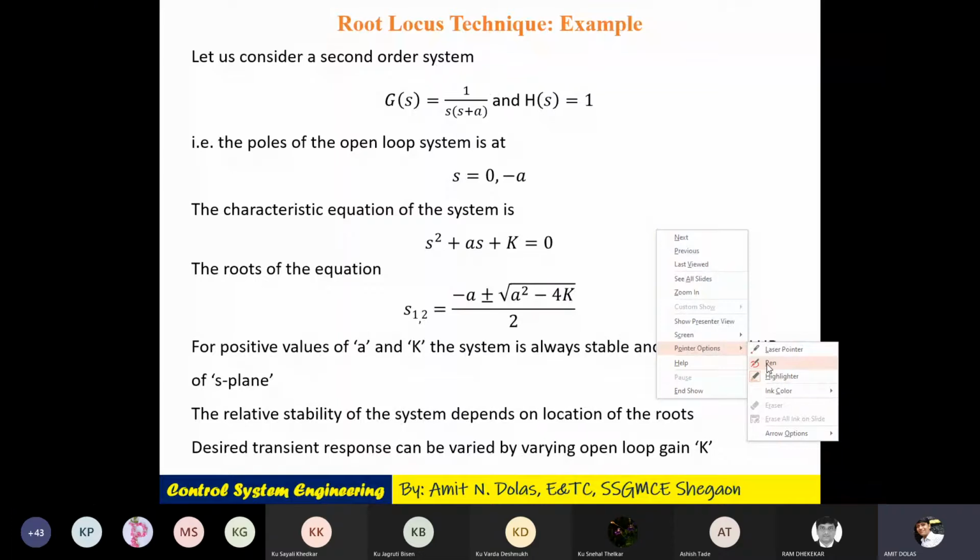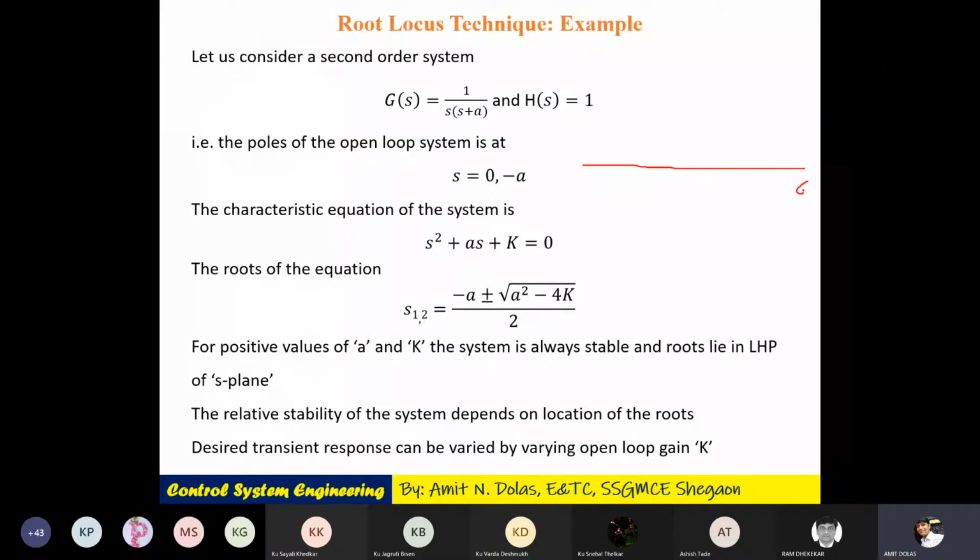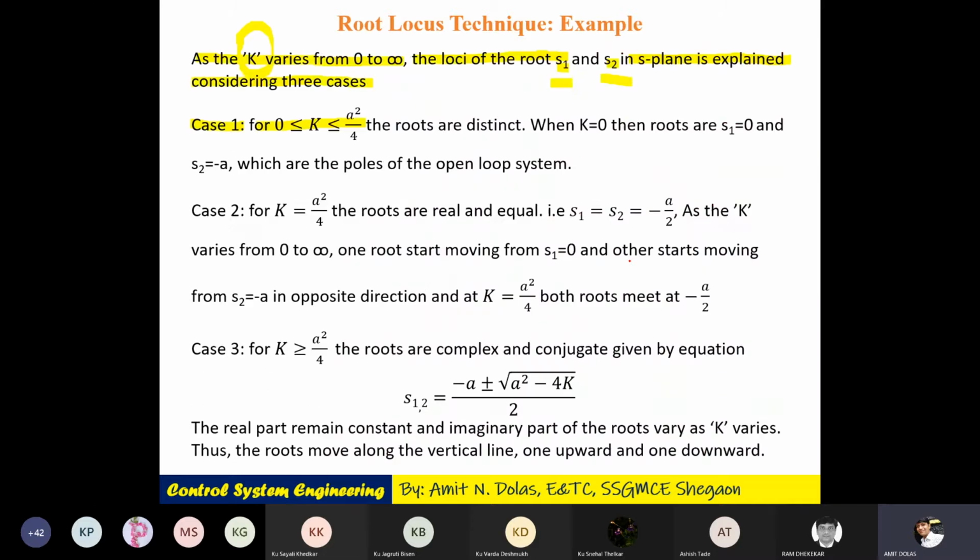So I'll plot this. This is the real axis and this is the imaginary axis. I have two poles. One is at 0 and another is at minus a. Now here, if k varies from 0 to a square by 4, the roots are distinct.